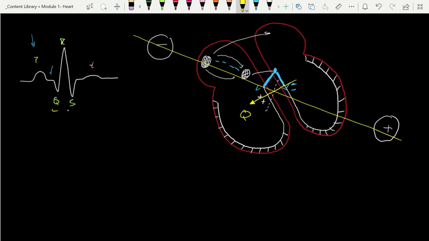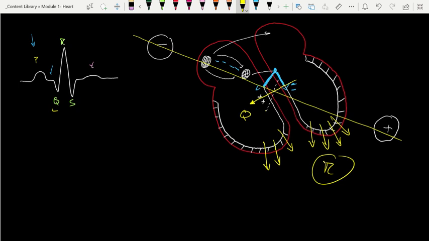Of course, the next stop, once we're past the bundle branches, is the Purkinje fibers. And what we see with the Purkinje fibers, vectors outward in this direction. And you can see that the vast majority of those are becoming a lot more parallel to the lead axis, and they're pointing to the positive lead. And so this is where we see the R peak, right?